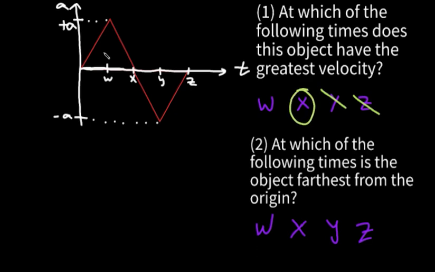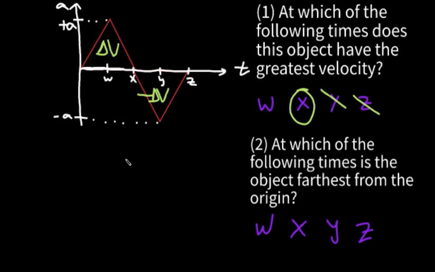Now for part 2, we want to know at which of the following times is the object farthest from the origin. Based on part 1, maybe now you're also tempted to pick X, but we need to look a little bit closer at this graph. So we go from a positive acceleration to a negative acceleration of the same magnitude. So that means that we have the same changes in velocity, it's just that this one down here is negative.